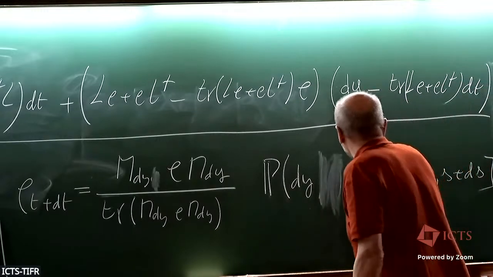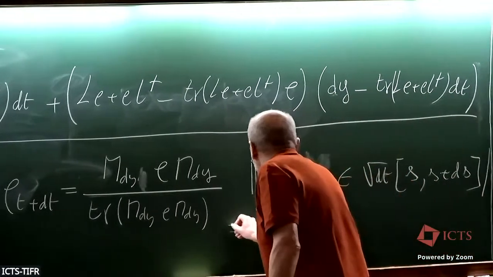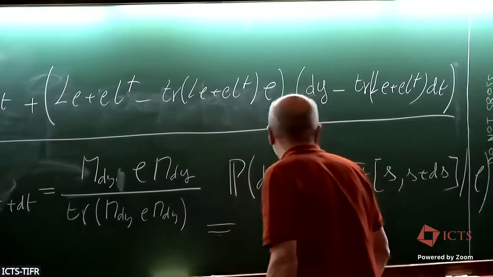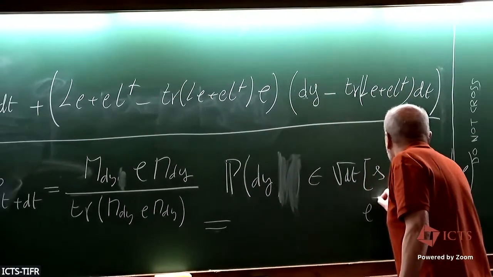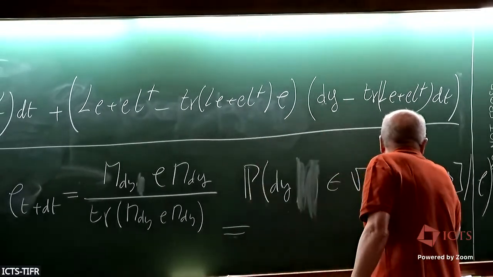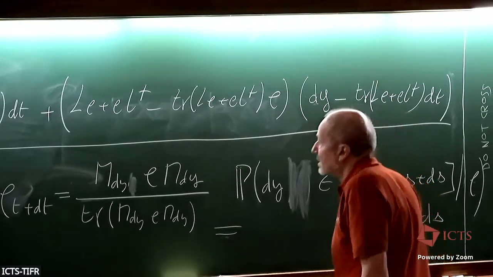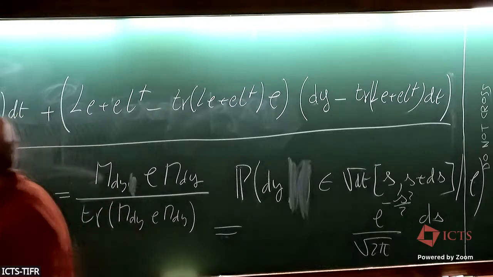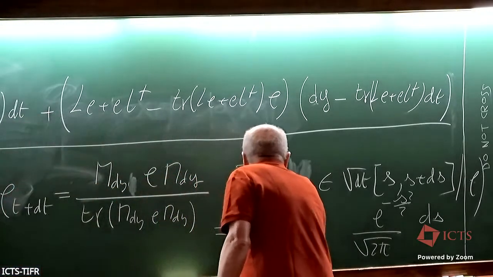And it is something which is proportional to ds. Here I have exponential of minus s squared over 2, over the square root of 2 pi, so I have normalized. I guess it is this, yes. And then in front of it, I put the trace.